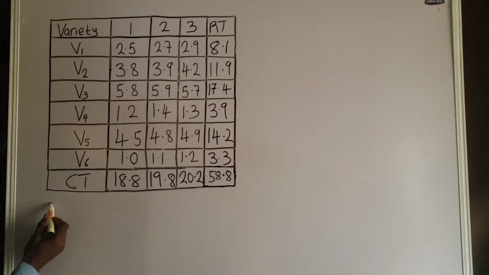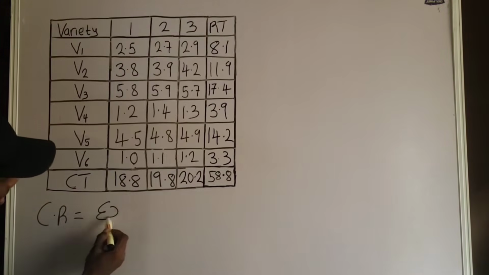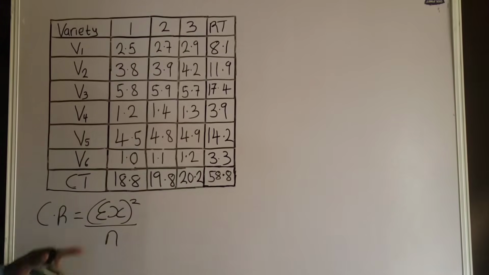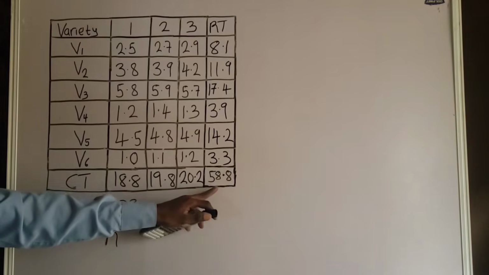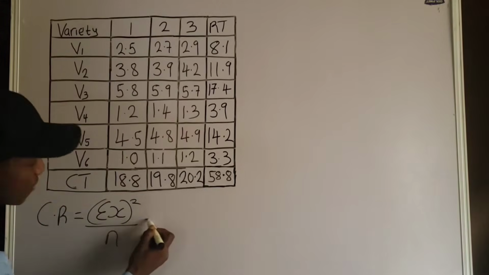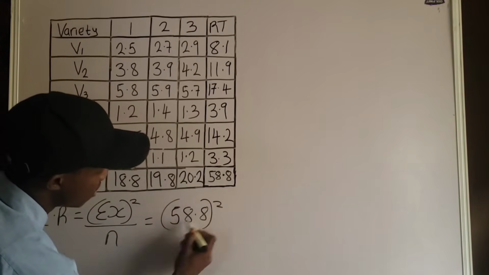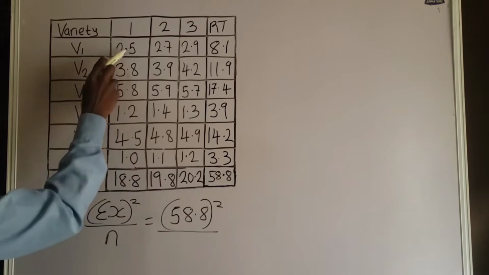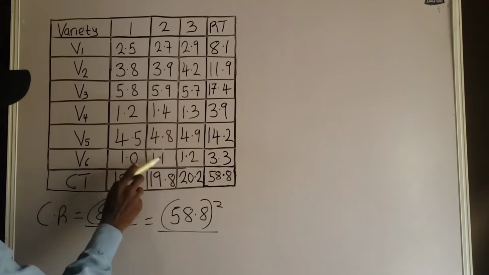Having gotten the row total and the column total, the next step is to calculate the correction factor. The correction factor, let me represent it as CR, is given by this formula: summation x squared all over n. Summation x is the summation of all our observations, and we already have that as 58.8. So I'm going to have 58.8 squared all over n. N is the total number of observations, and if you check, I have 1, 2, 3, up to 18.